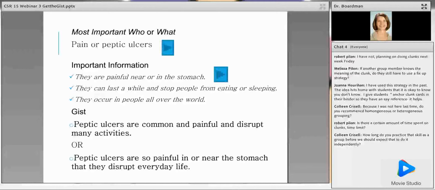I think there are a couple of problems with main idea in classrooms. One, it's just a hard skill. So even when I was working with 50 teachers on Monday and Tuesday, they found it difficult to get the gist, and I find it hard too. It's really hard to figure out what the essence of a section is and then to be able to put it in a small number of words.